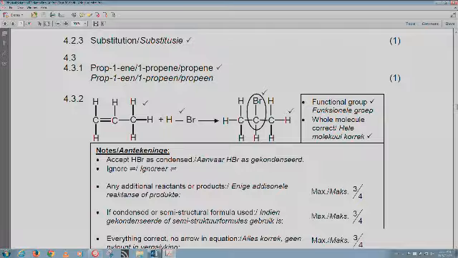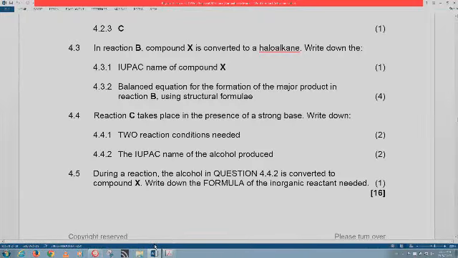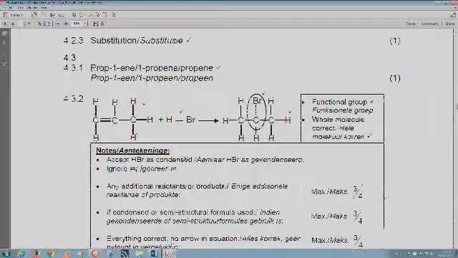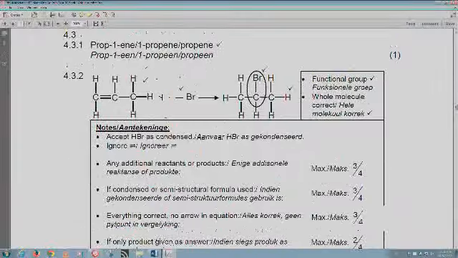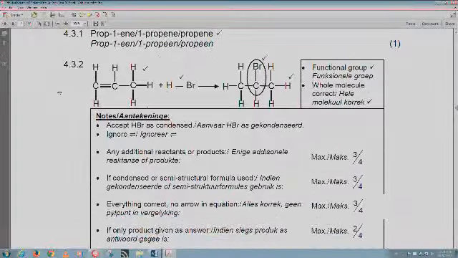And then 4.3.2, write down the balanced equation for the formation of the major product in reaction B using structural formulae for 4 marks. Now, the learner must include all the bonds, because it is said that they must use structural formulae.